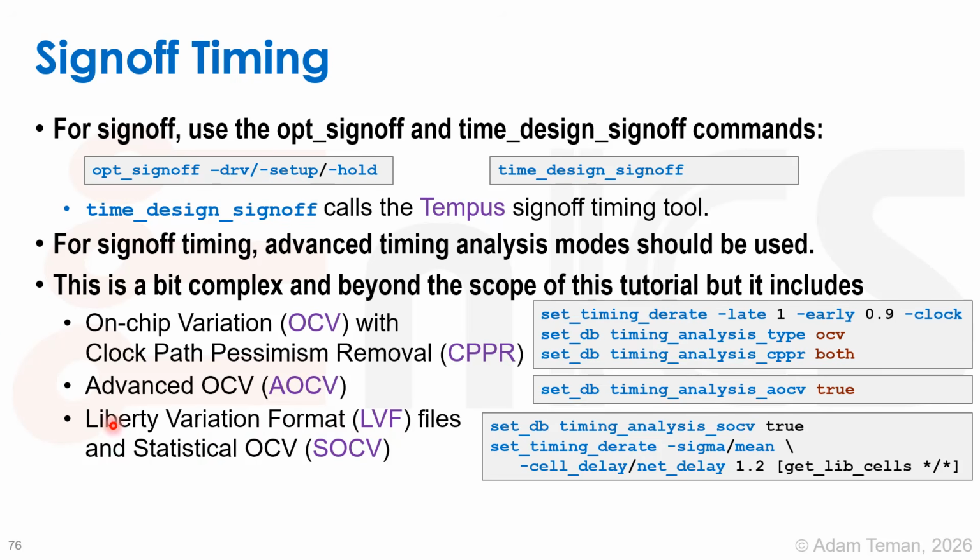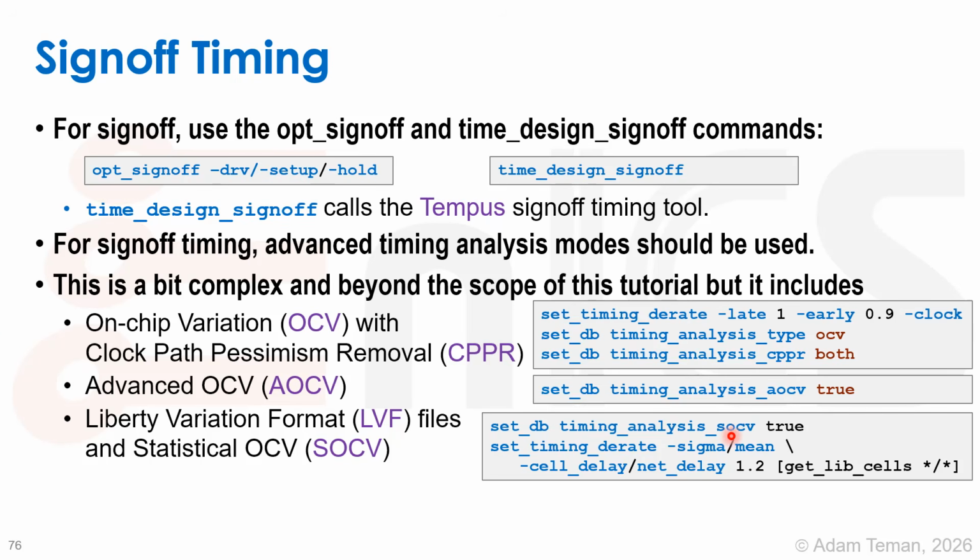So nowadays we're going to have our lib files with this LVF information that gives us the actual distribution of how the delays go inside our different timing files. And then we're going to add a side file, which is the statistical or parametric OCV, which is going to give some additional information, including the spatial information.